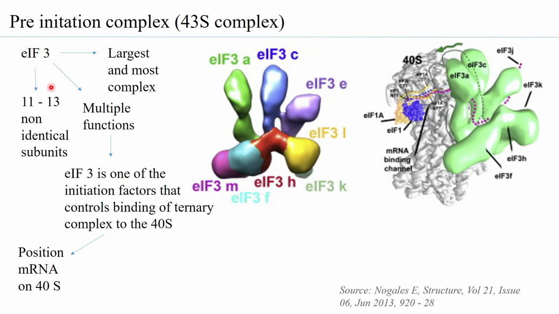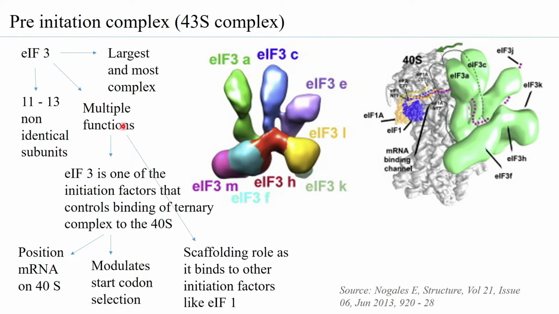So you can see how EIF3 has a very important role in positioning the mRNA to the 40S subunit. It also modulates the start codon selection. So just having bound to mRNA is not enough. What the pre-initiation complex also has to do is to identify the start codon and then position the met tRNA, that is initiator tRNA, on the start codon.